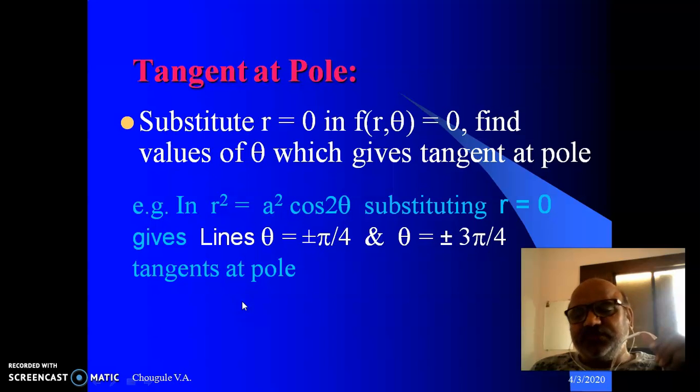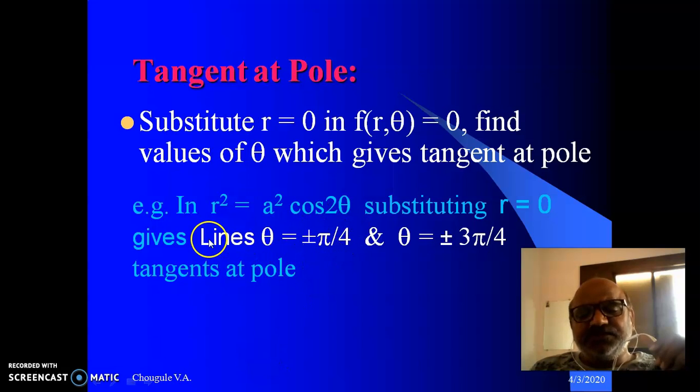Now, how to find the tangent at the pole? The tangent to the pole is given by substituting r is equal to 0. If you substitute r is equal to 0, we get values of theta, for example theta is equal to pi by 4, the angle made with the initial line.